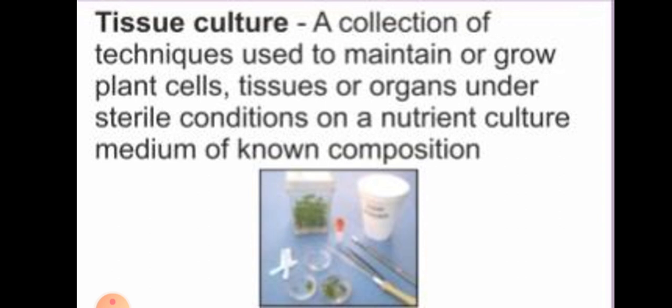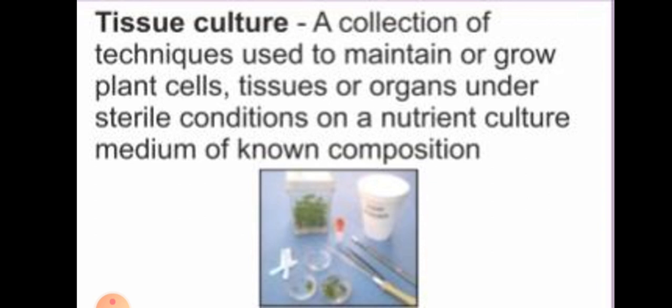So during tissue culture what happens? The piece of tissue is cut from a desired plant and kept in a nutrient medium under controlled condition. Slowly the tissue grows into a mass of cells called callus, and this callus is placed again in a different nutrient medium where it starts developing plantlets.